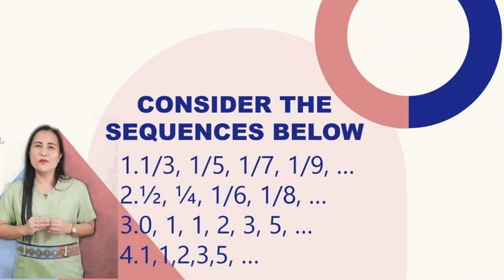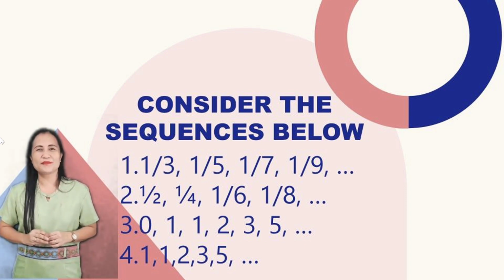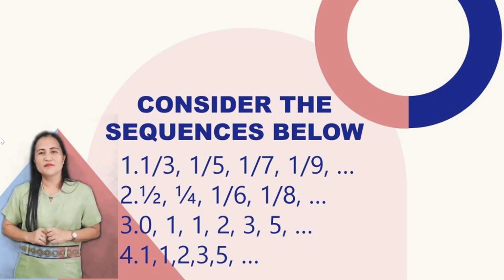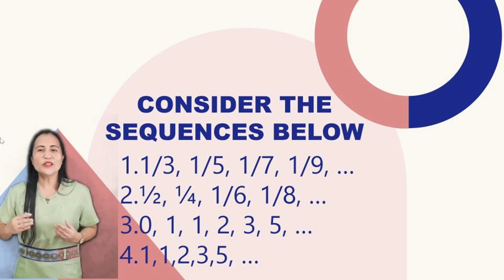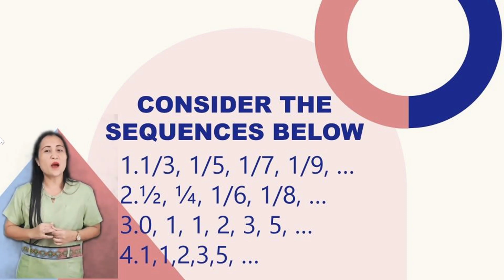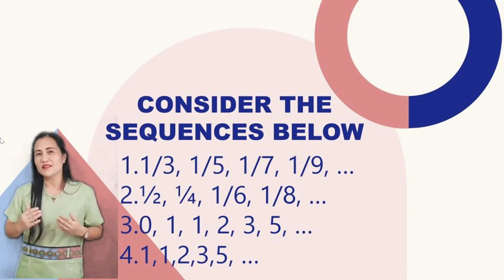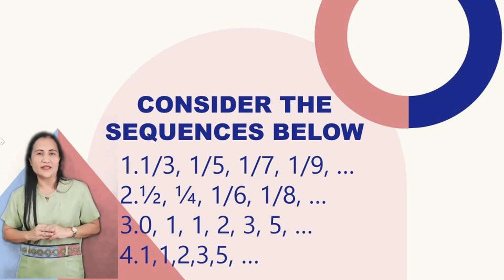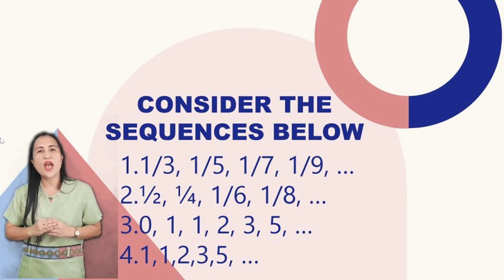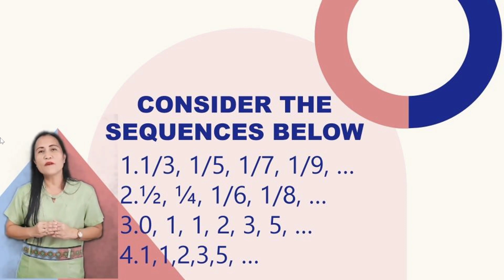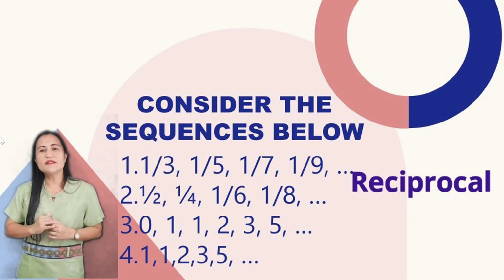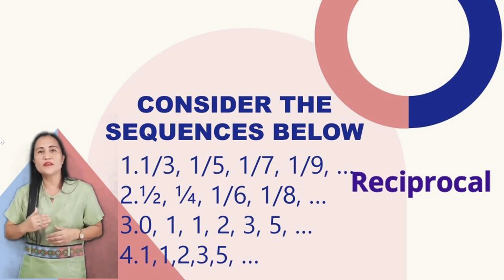What do you observe with the given examples? For number 1 and number 2, take note. You are going to think that 1 and 2 are examples of an arithmetic sequence, but definitely they're not, because we do not have any common difference. But if we get the reciprocal of number 1 and number 2, for example number 1, what is the reciprocal sequence of the given sequence?